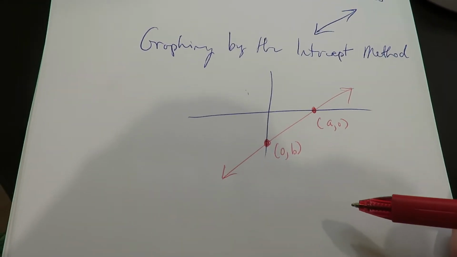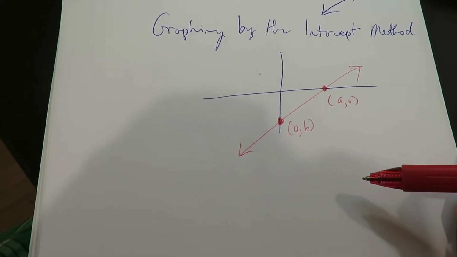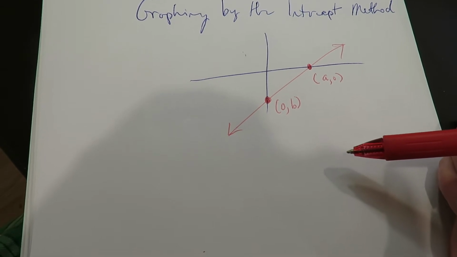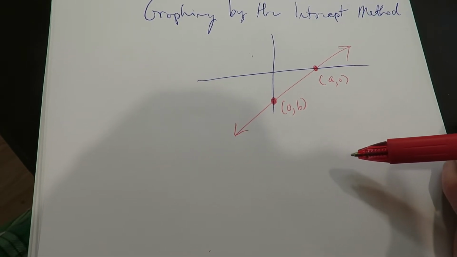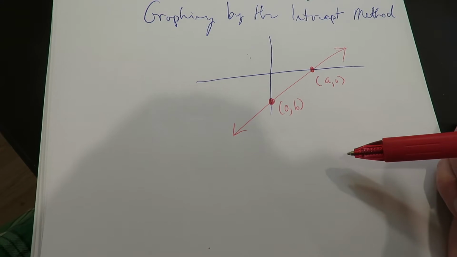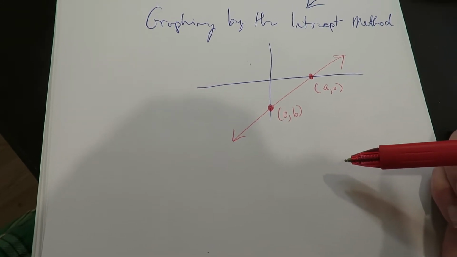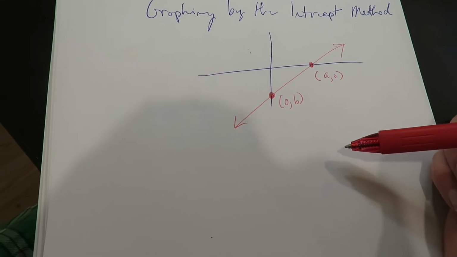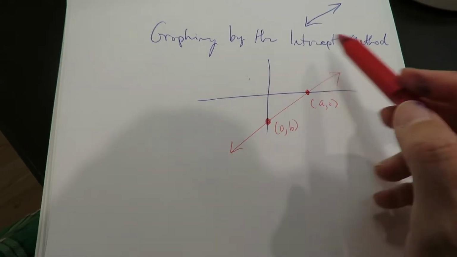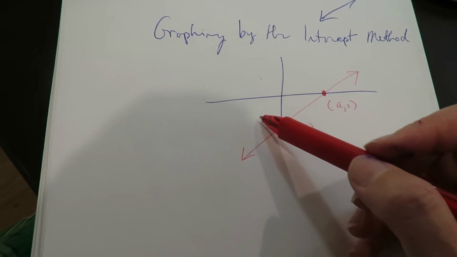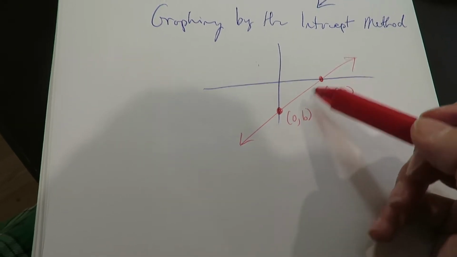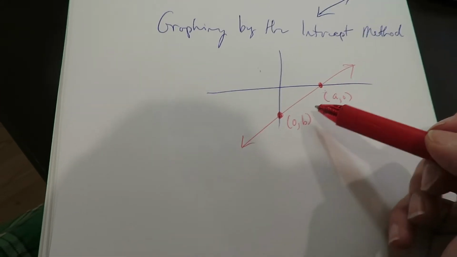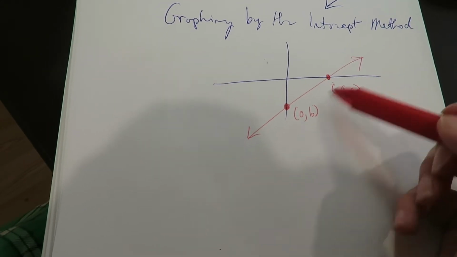Now, if you think about it, what is the minimum amount of points you need to graph a line? 2, right? You need at least 2 points to graph a line. And you could use a 3rd point just as a check if you want to do that. So when you're graphing by the intercept method, we're requiring you to use these specific 2 points. You can't just use any points you want. You can pick more points than these, but you must have these 2.